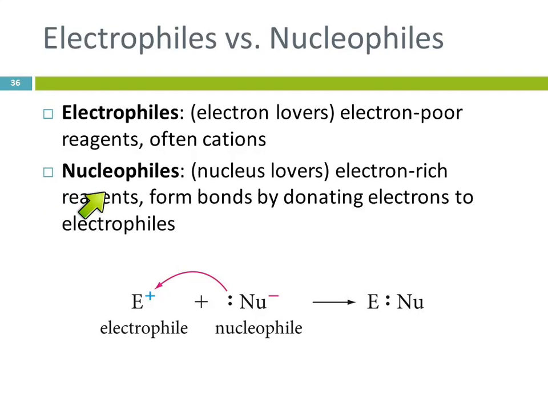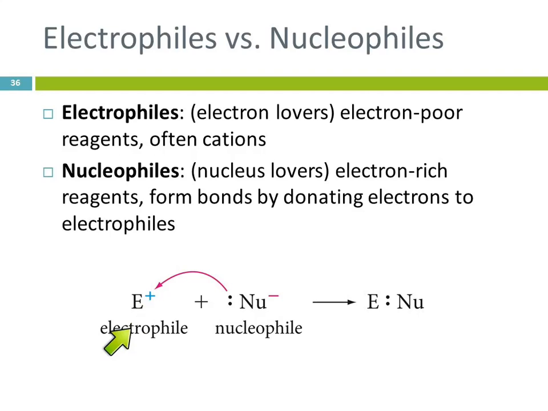The nucleus is positive. That's where all the protons are. So a nucleophile is a reagent that is electron-rich. And these form bonds by donating electrons to electrophiles. The electrophile wants electrons. The nucleophile has electrons, and so they get together.